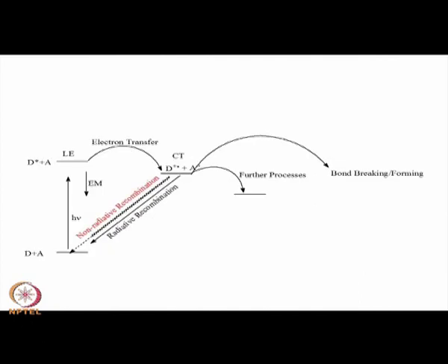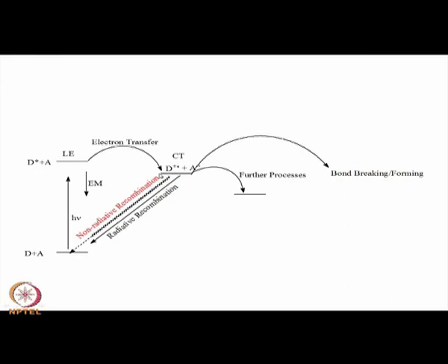Diagrammatically, it is D plus A, the starting ground state, then D star plus A, which is the locally excited state, and from this locally excited state it may give rise to emission, or this locally excited state may undergo electron transfer.